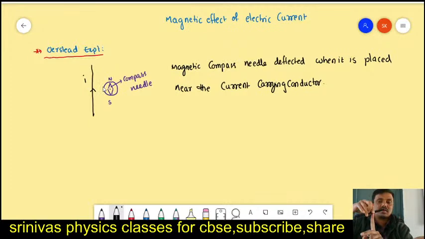See this figure here. For example, this is a pin, and this is the tip. At the tip we kept the magnet. The magnet is free to rotate in the horizontal plane, and this is kept in a non-magnetic box.